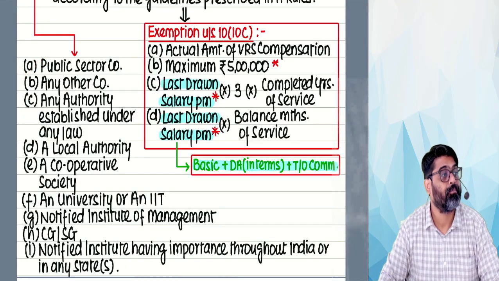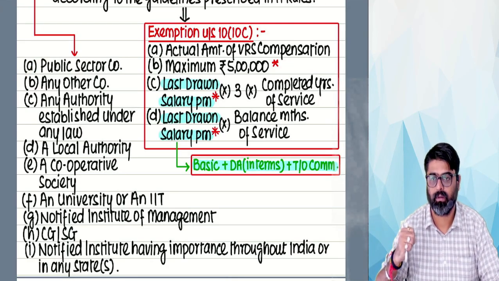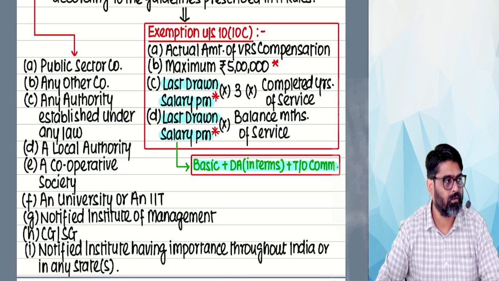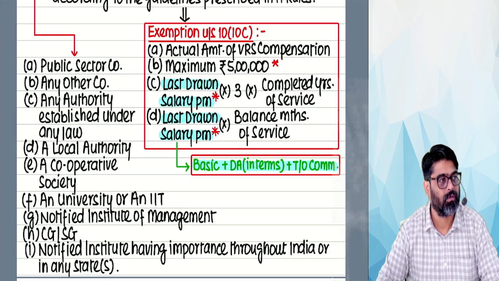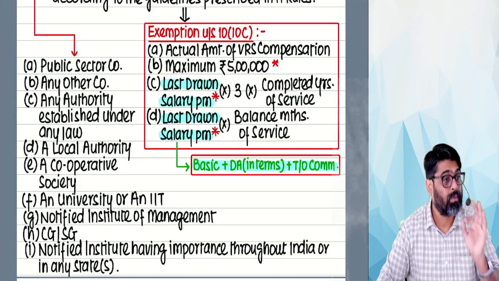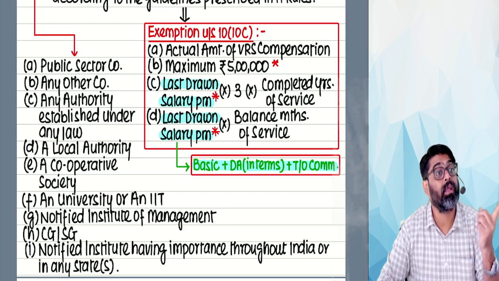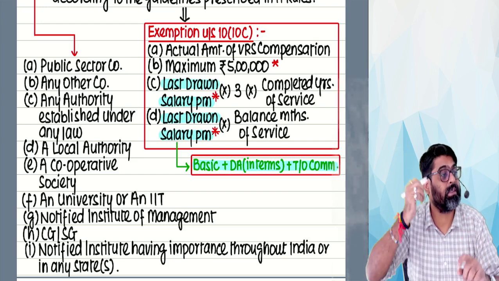So your employer has to be a public sector company. There are 2 types of company, public sector and private sector. What is the difference? Public sector companies are public limited companies where the government has majority stake.